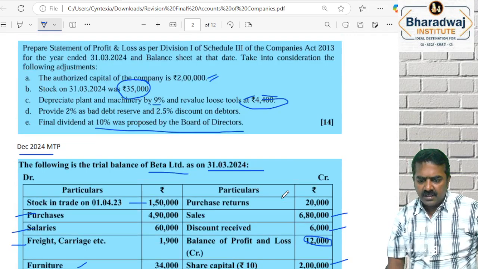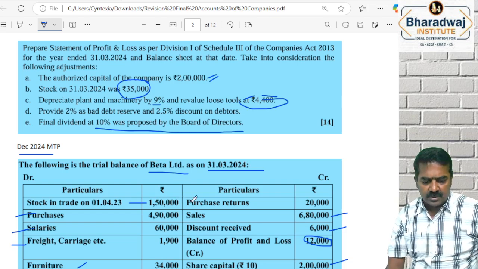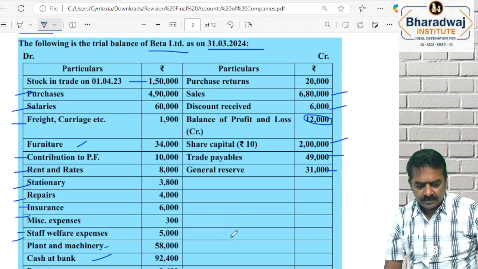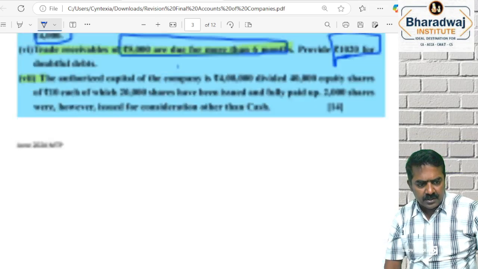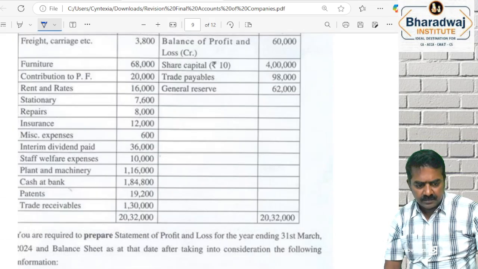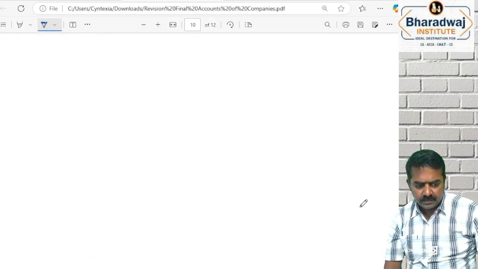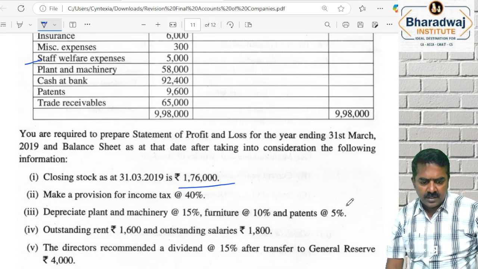The December 2024 MTP was just repeated. The last question is nothing but a repetition of the same question.